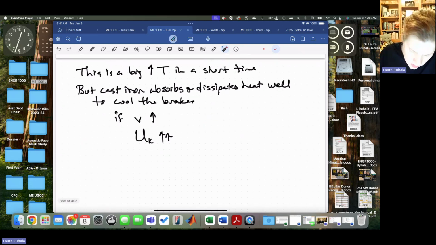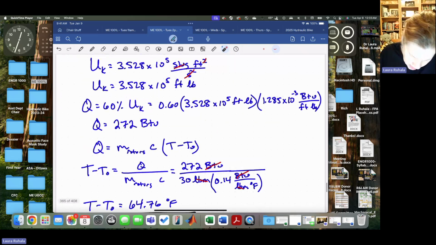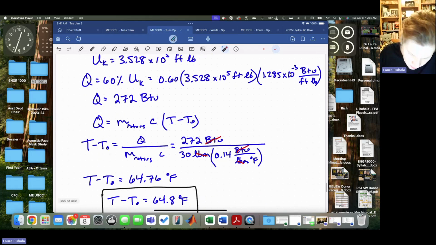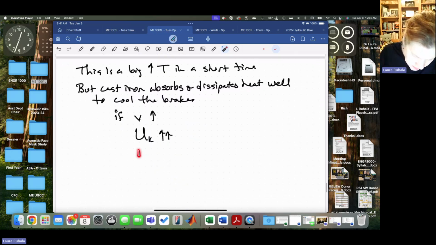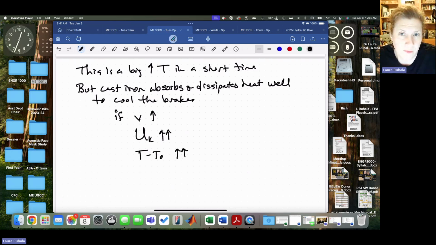And so the kinetic energy is going to give me the heat, which is directly proportional to the temperature change. So the temperature change, T minus T naught, will also increase a whole bunch.